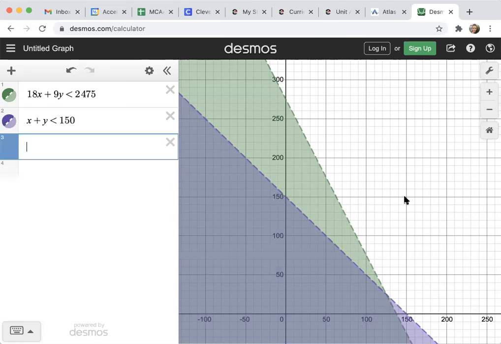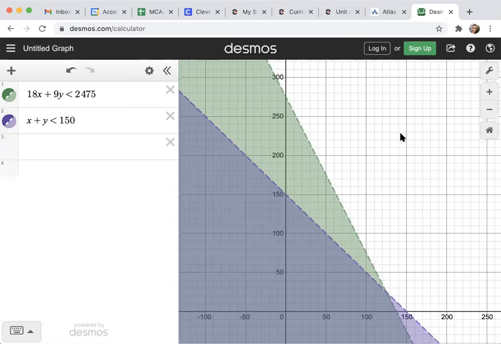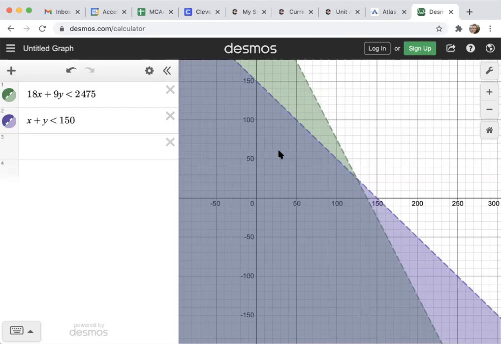Okay, so where these two overlap, where the green and the purple overlap, I don't know if you can see the arrow on the screen, but it includes 0, 0, and it's less than 150 on the y-axis and less than, I don't know, like 140 on the x-axis.